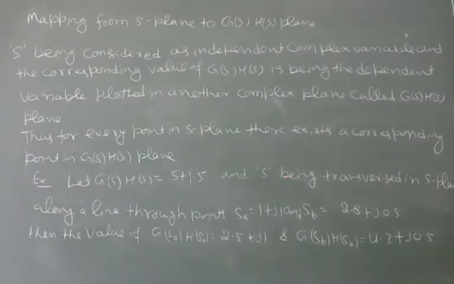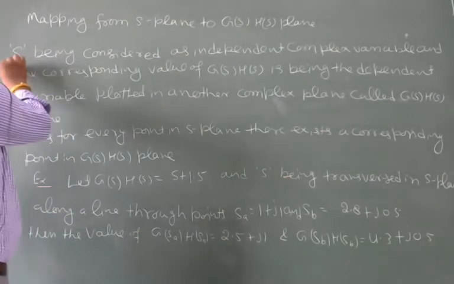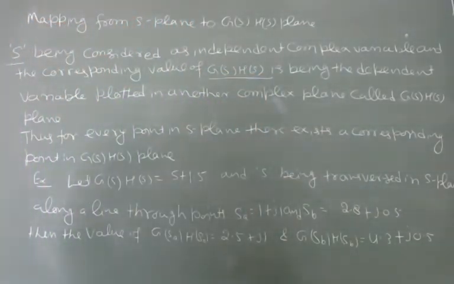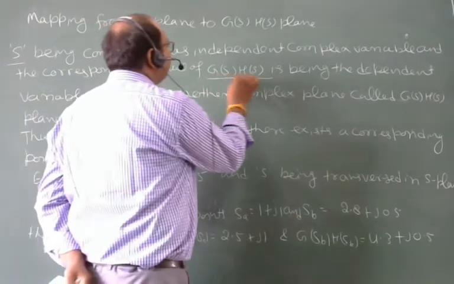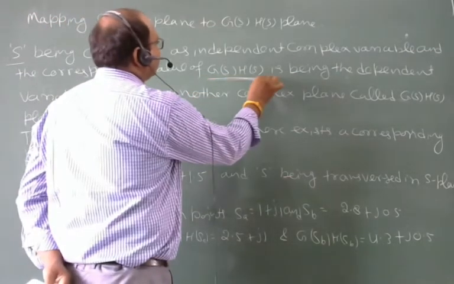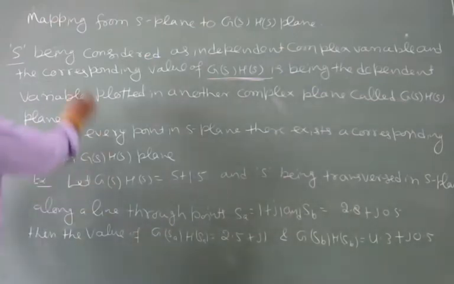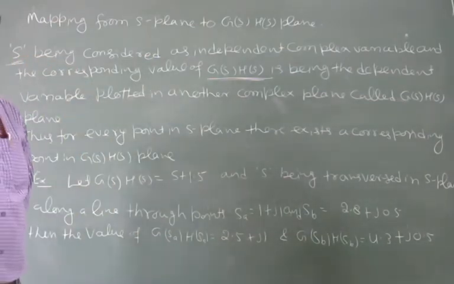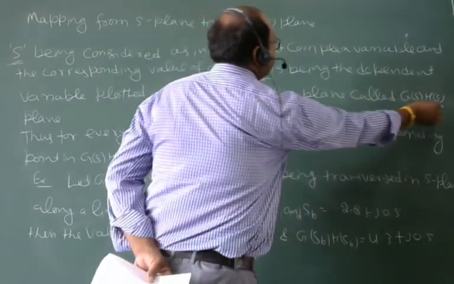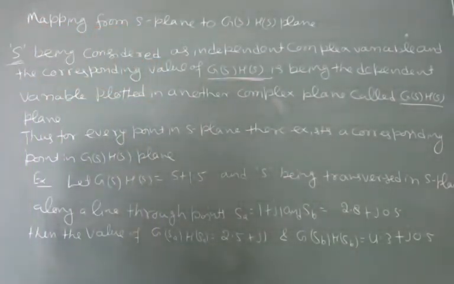If S is the independent variable and GSHS is the dependent variable, then the other complex plane which plots this GSHS using the independent variable S, we name the plane as the GSHS plane.